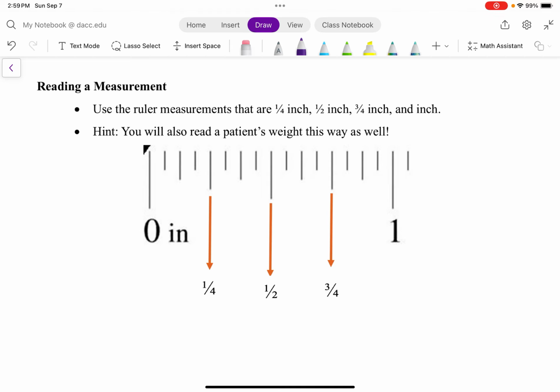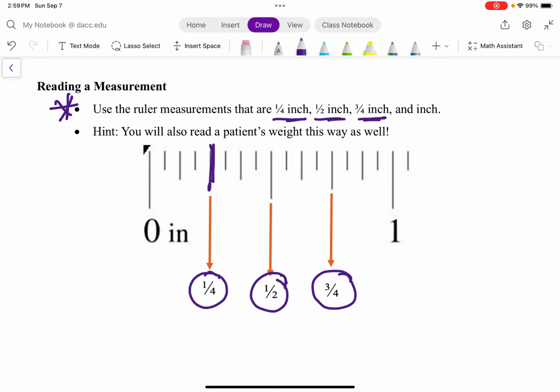The very first one says here to use the ruler where the measurements are 1/4 of an inch, 1/2 an inch, and 3/4 of an inch. So it's these markings: 1/4 of an inch, 1/2 an inch, and 3/4 of an inch. These are the markings you're going to be responsible for knowing and for writing.